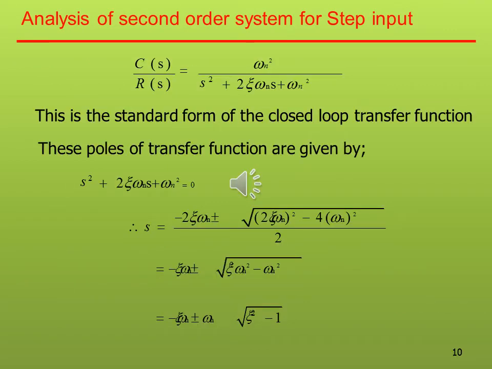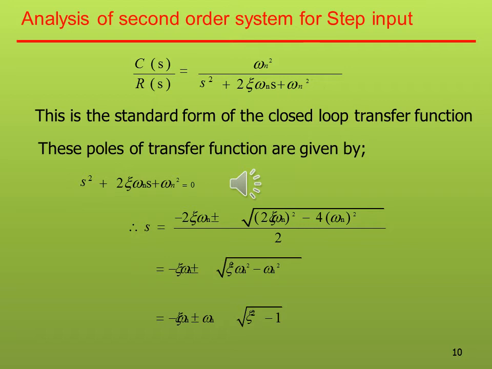So the transfer function is in the standard form of the closed loop transfer function, and the poles for this transfer function can be calculated by using the formula for roots. Okay, so we know the formula. Root is calculated as minus b plus minus root of b square minus 4ac divided by 2a. So our equation is s square plus 2 zeta omega n s plus omega n square is equal to 0.